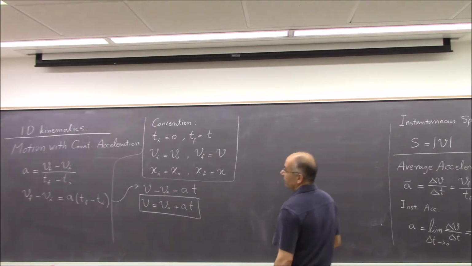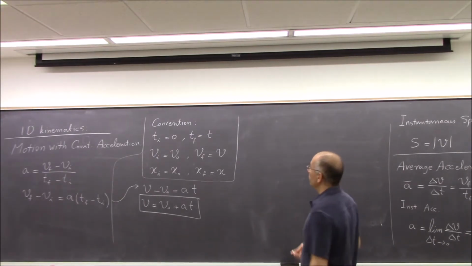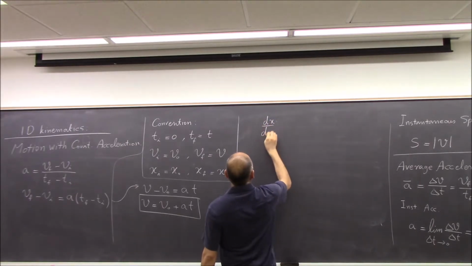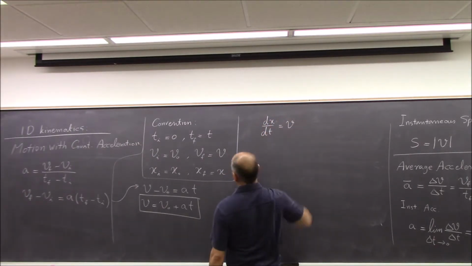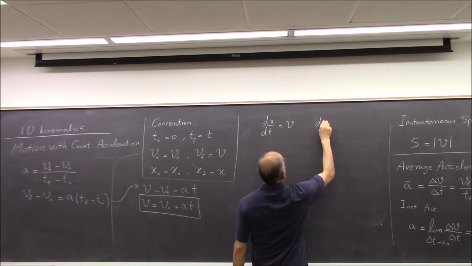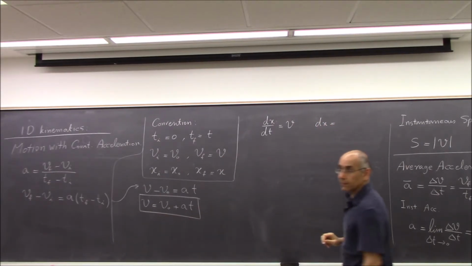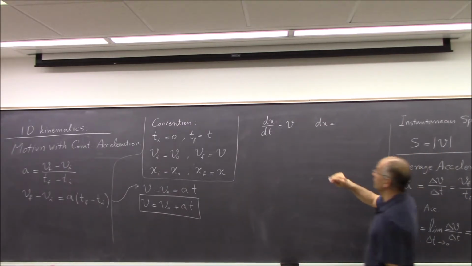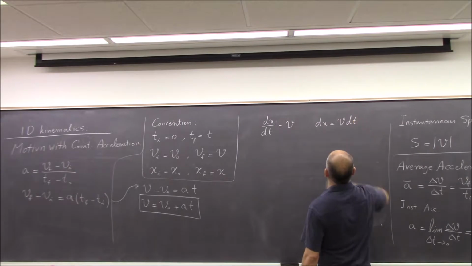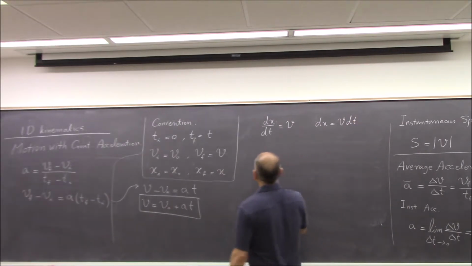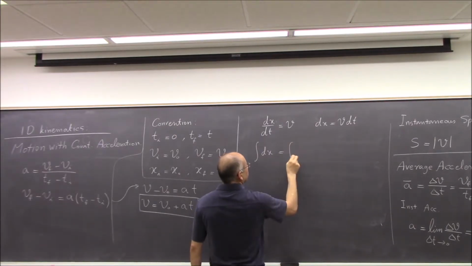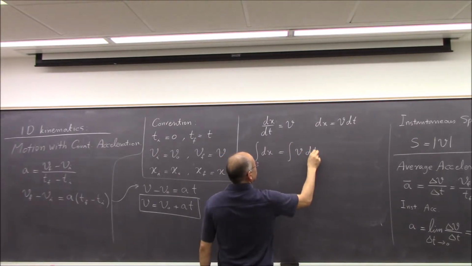And then we have v equal to dx over dt. So we have dx over dt equal to v, but v is v naught plus at. If you want to actually solve this equation for x, dx is v dt, and then you integrate dx, equal to the integral of v dt.